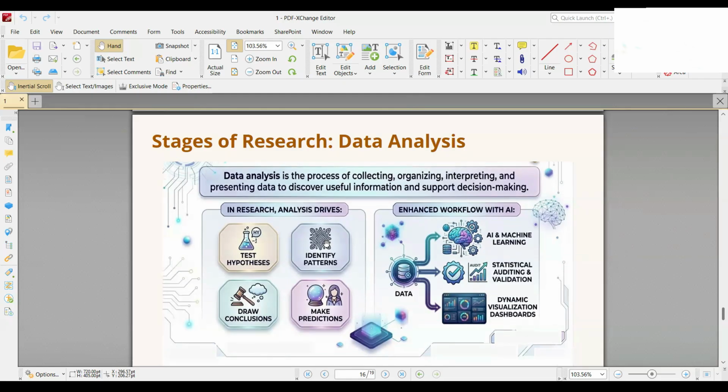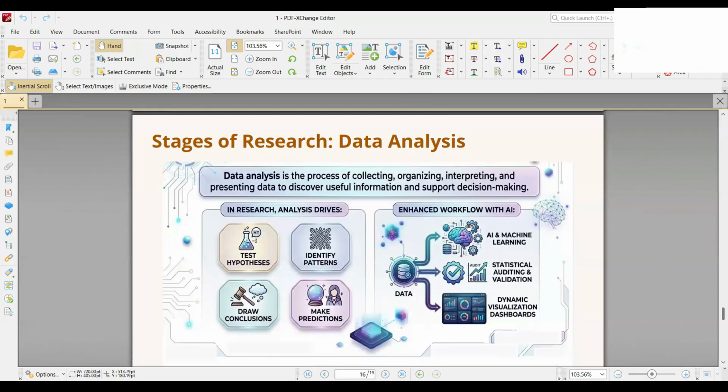We use data analysis to test our hypotheses, identify underlying patterns, draw meaningful conclusions, and make accurate predictions for our projects. When we integrate artificial intelligence and machine learning into this workflow, we supercharge our capabilities.